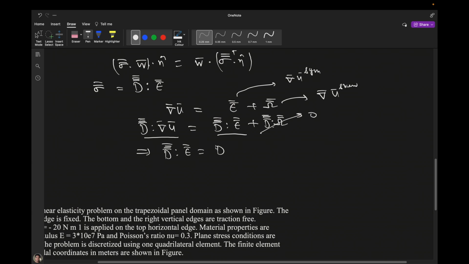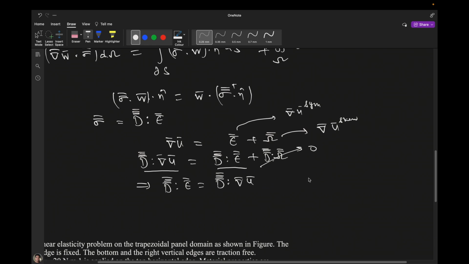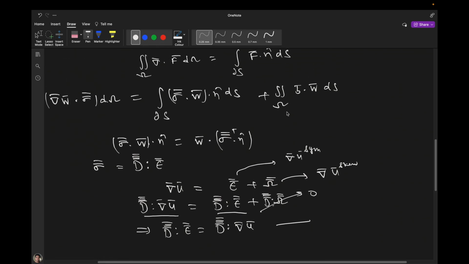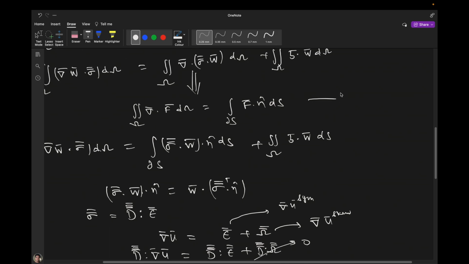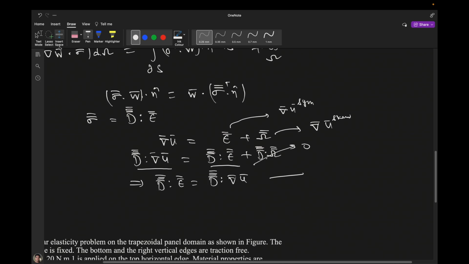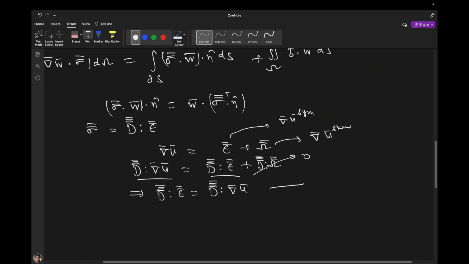So I can write this. This is one thing and this is another thing, and these two things we need to use here.